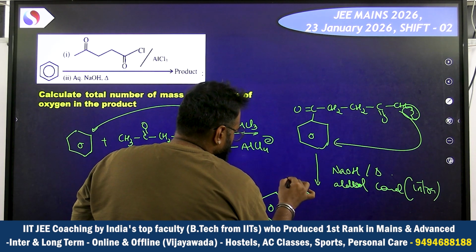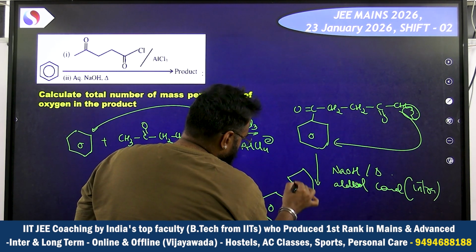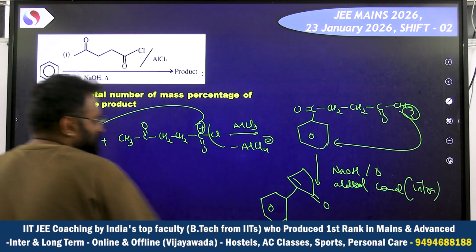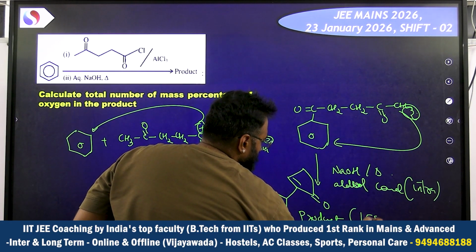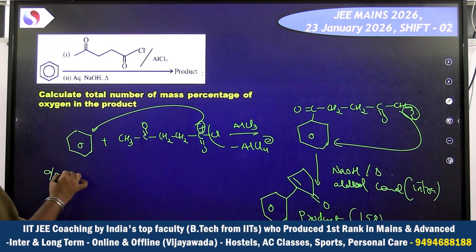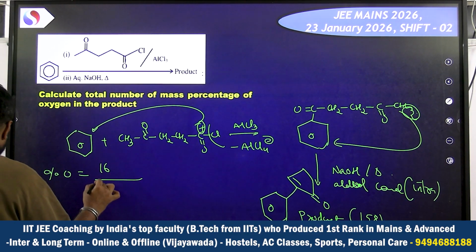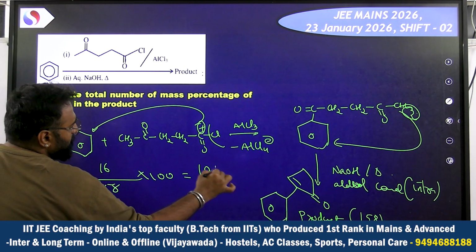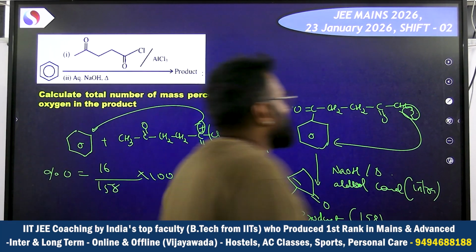So this will look like this, double bond oxygen. This is the product. Now the molar mass of the product is 158. So what is the question saying? Percentage mass of oxygen: weight of oxygen in the compound, one oxygen is there, divided by 158, into 100. So this will be nearly 10.13%.